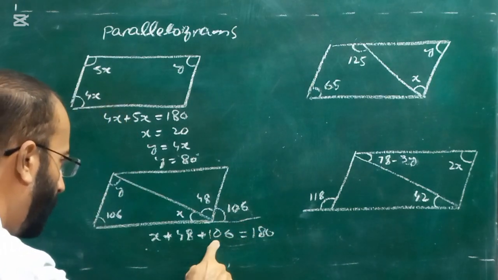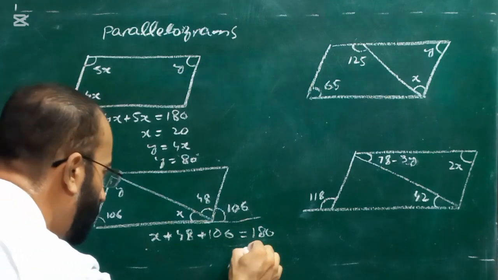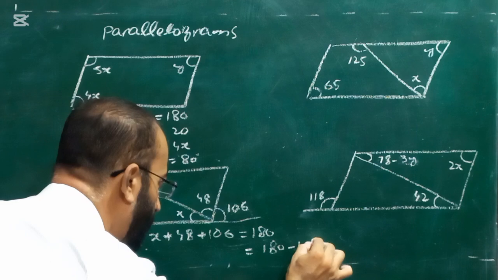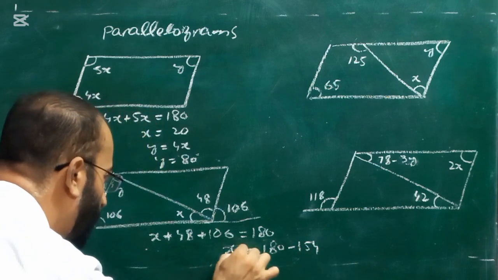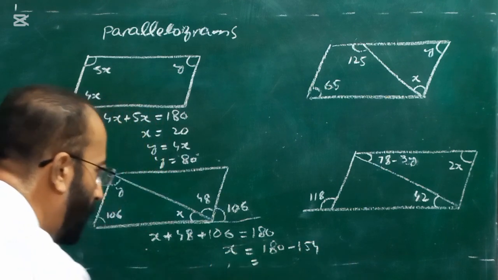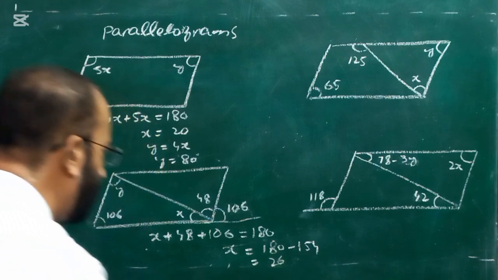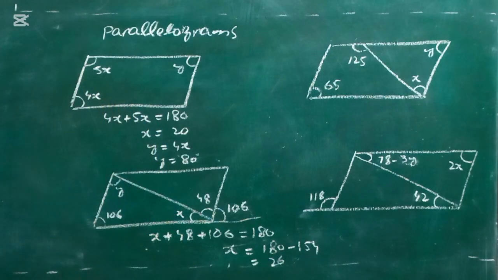So 154 will be subtracted from 180 degrees. There will be x left. So x will be equal to 26. So x is solved.